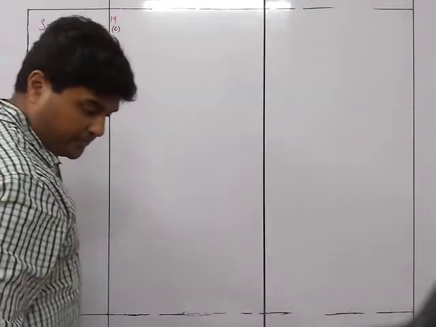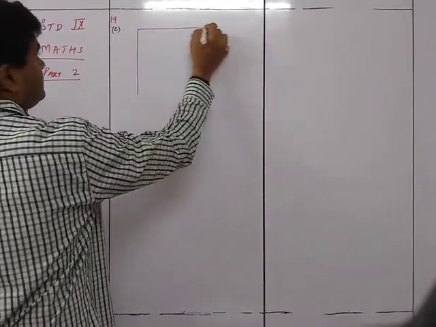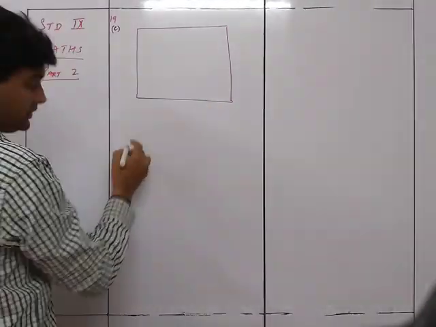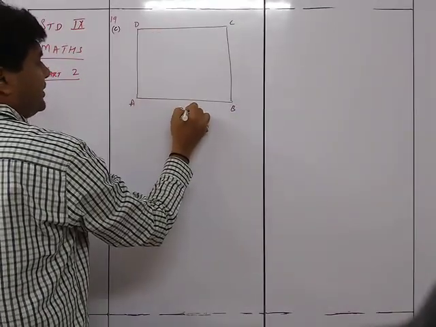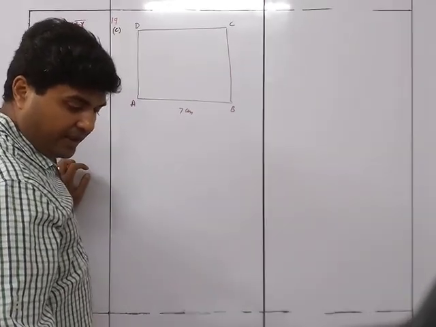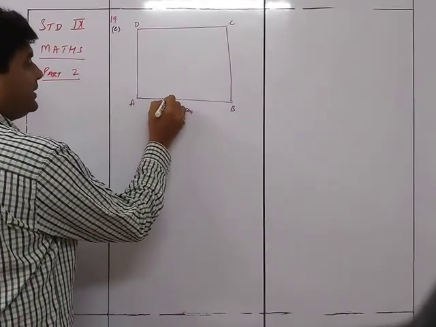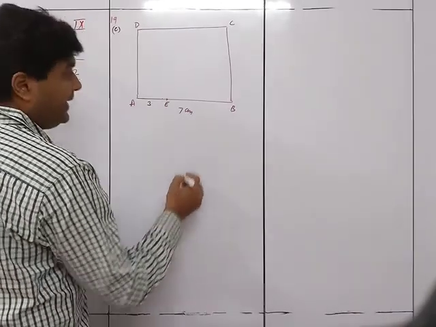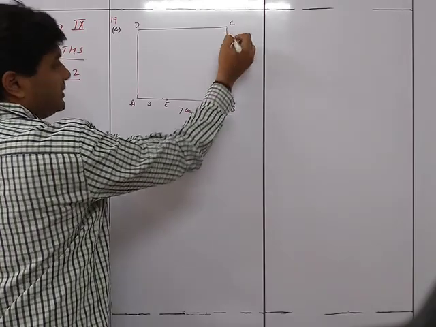We are given that there is a square ABCD of 7 centimeters length, and AE is equal to FC, so AE over here is 3 centimeters. Similarly, FC is over here, which is 3 centimeters.